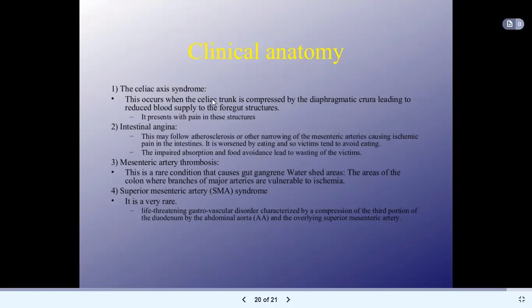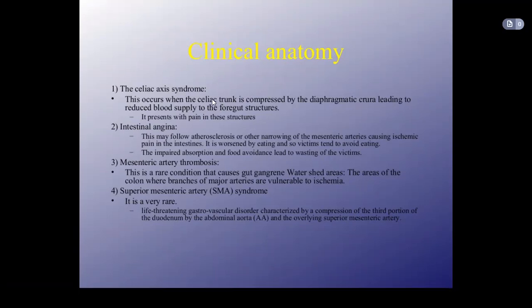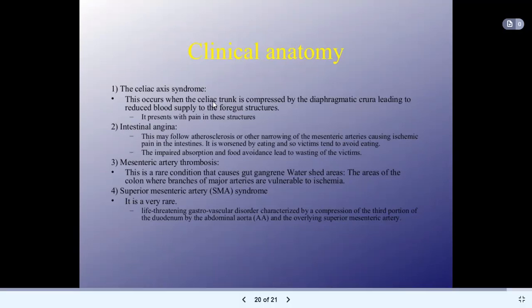And once that happens, it means that blood cannot flow freely through the celiac trunk to supply the organs of the foregut, because we said the celiac trunk supplies the organs of the foregut. So when there is a compression of the celiac trunk, there is reduced blood supply to the foregut.